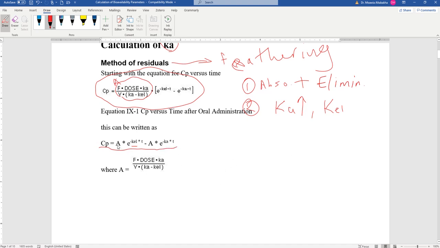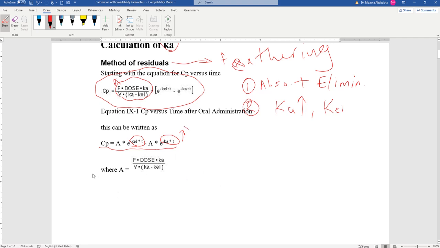Look at this one. We said that one of the rate constants, which is usually Ka, is much higher than Kel. This means the value here becomes higher faster than the value here.